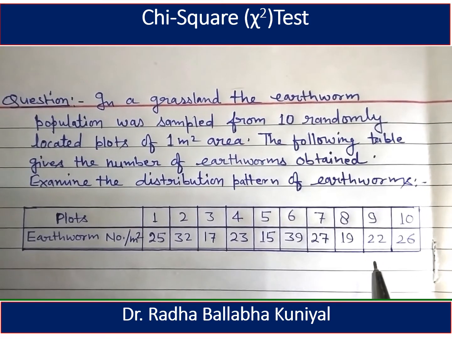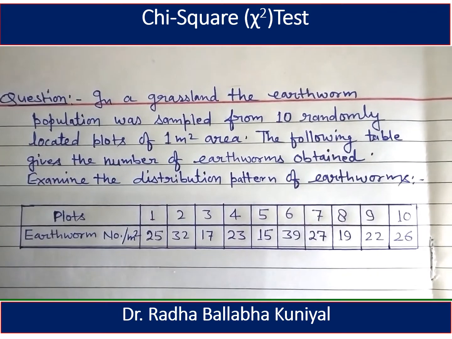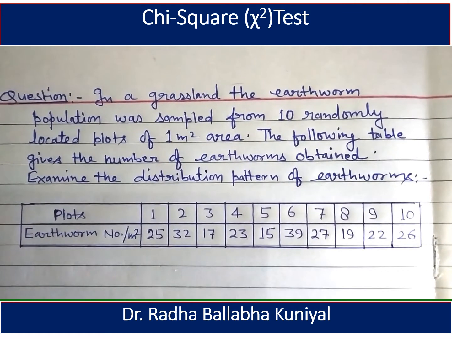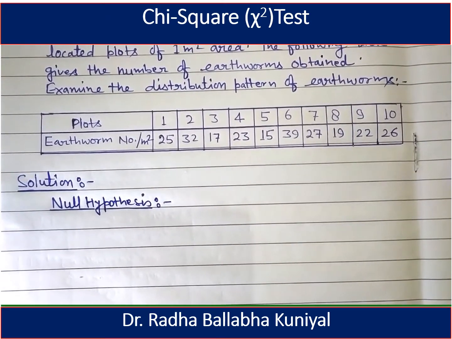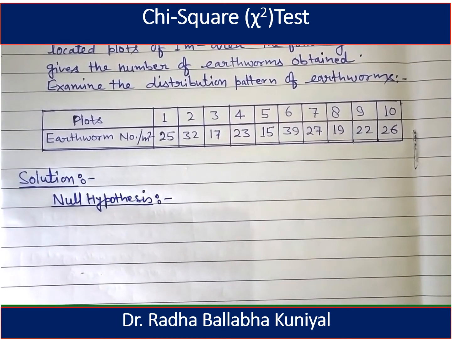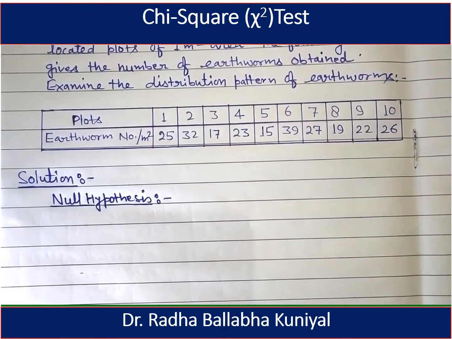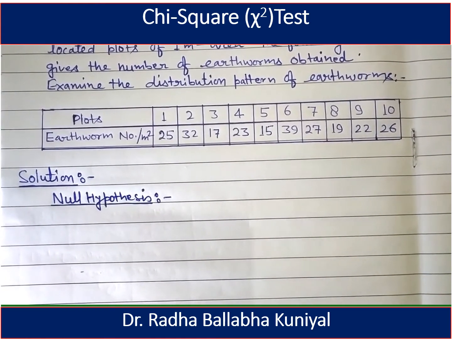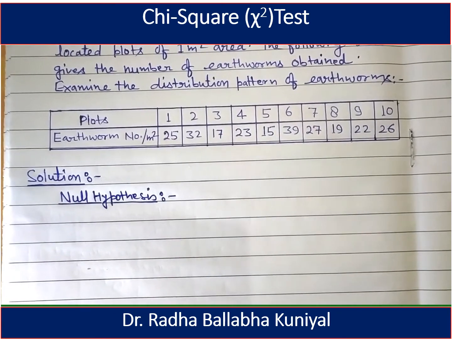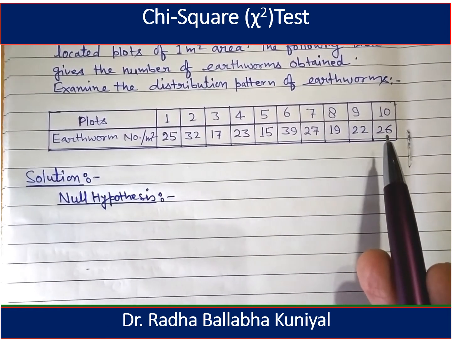Now, to solve this question, first of all, we have to assume or set up the null hypothesis. As null hypothesis states that there is no significant difference between two variables. So here we can assume that there is no significant difference in the distribution of earthworms in all sampled plots.